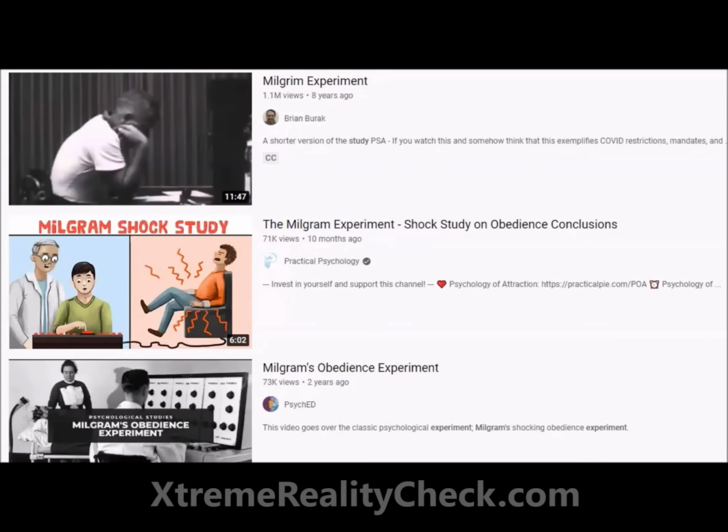The Milgram experiments, the Milgram obedience experiments, also play into what we're living through today. I believe these were beta tests for their social engineering programs. And they found out that yes, a large percentage of people will obey authority no matter what. Even like in the experiment, he was told that these shocks would kill the man, and yet he still pressed the button for the guy in the lab coat.